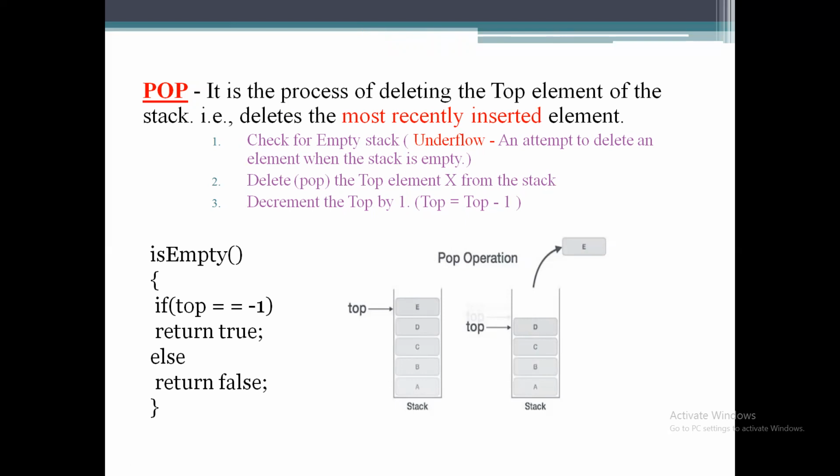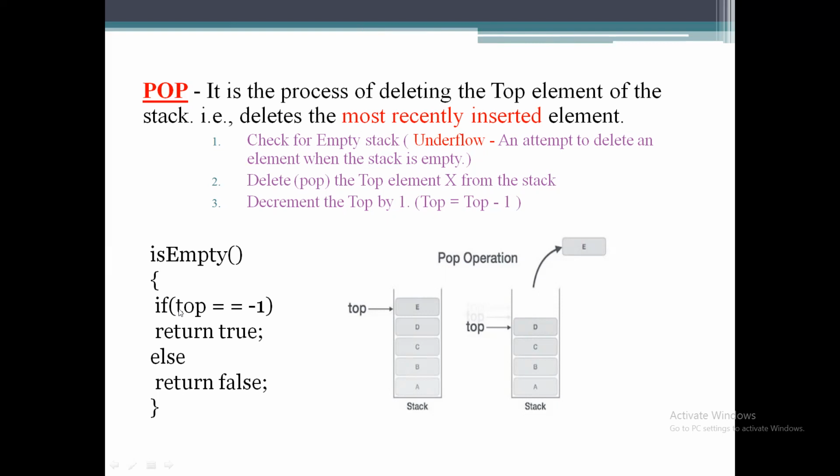As you check the overflow condition for the push operation, here we'll be checking the underflow condition, which means that if my stack is empty, I can't pop any element. Without having an element, I can't delete any element. So before deleting an element, you'll be checking for the underflow condition. That is your is empty. How to check is empty?